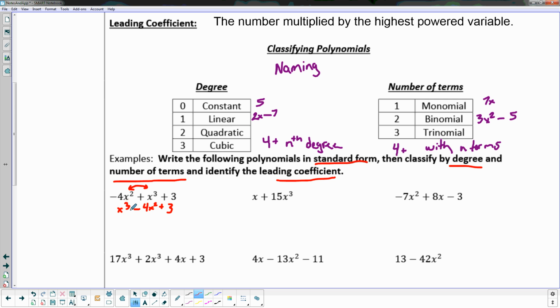So classifying it by degree, the degree is 3, so we would say that this is a cubic. How many terms are there? There's 3 blocks, so there's 3 terms, so it's a trinomial.